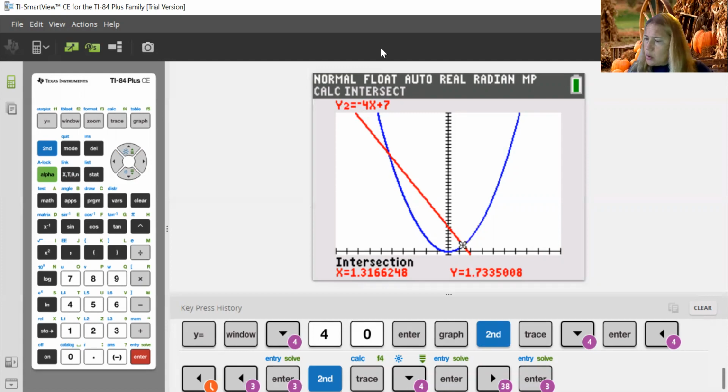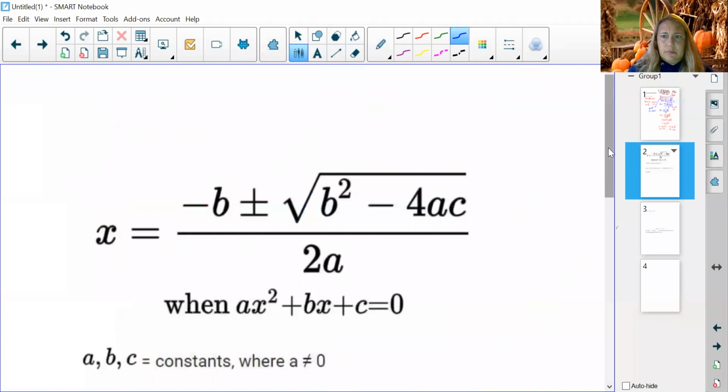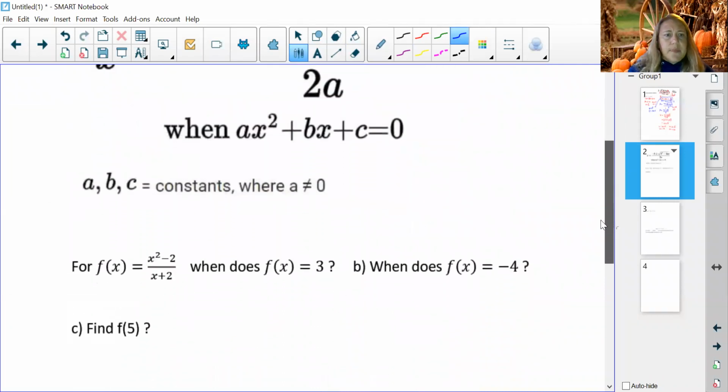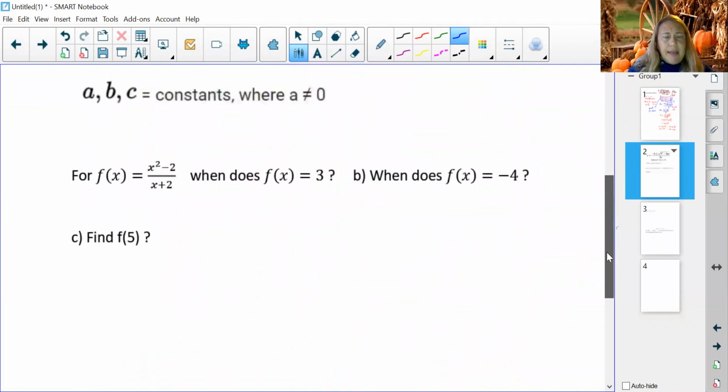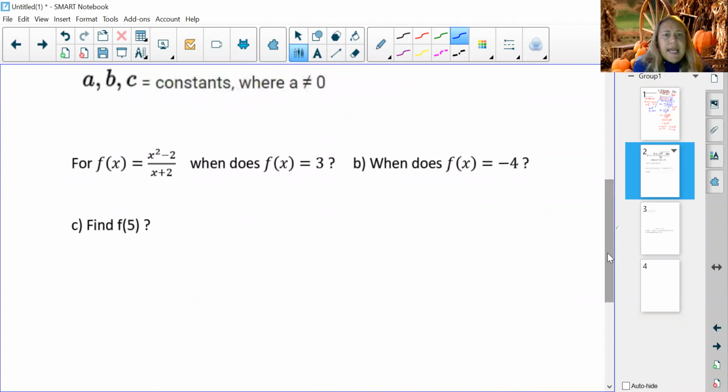So let's go to this example. Okay, where I'm given this function and I want to know when does f of x equal -3? When does f of x equal -4?